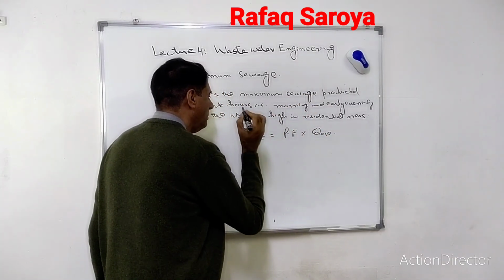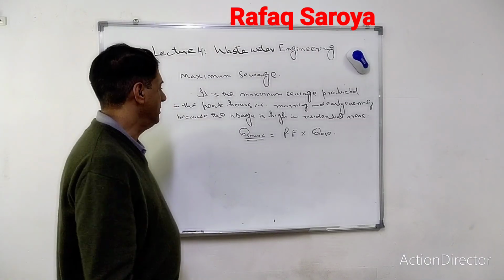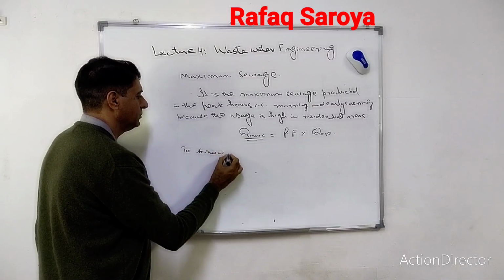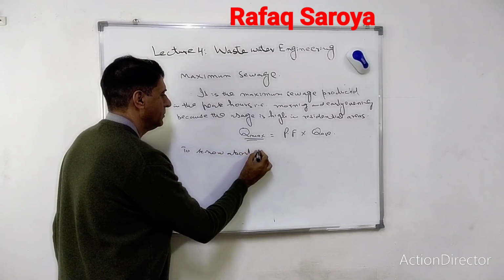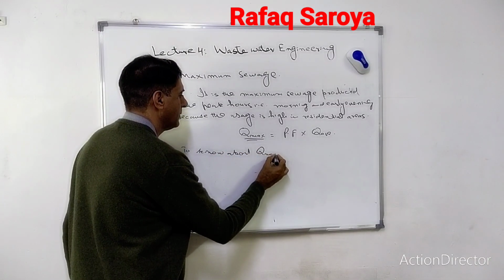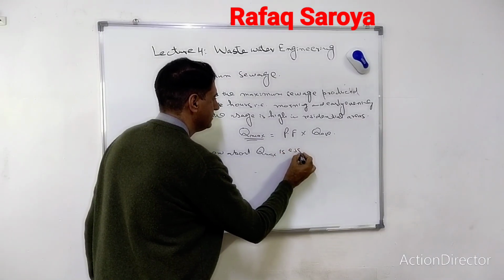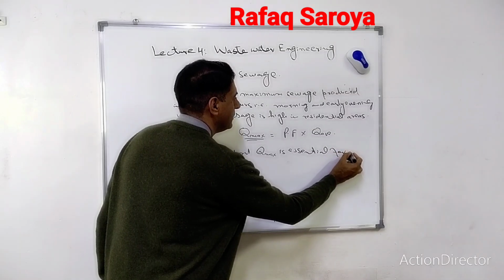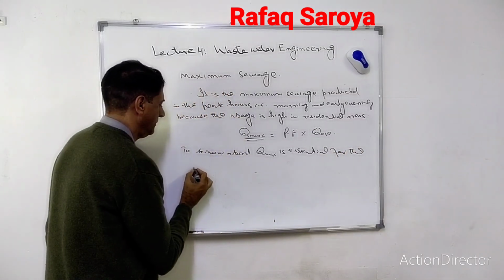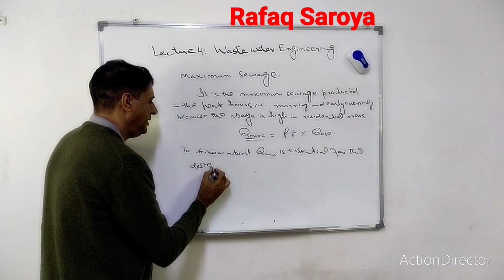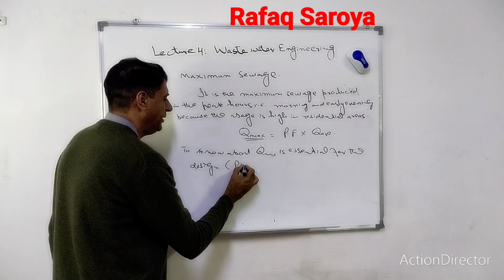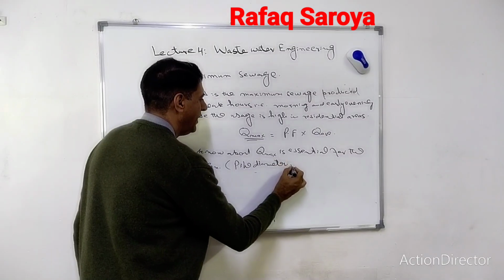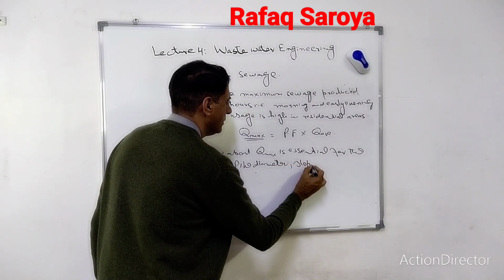To know about Qmax is essential for design. This design means pipe diameter, pipe slope, and velocity.